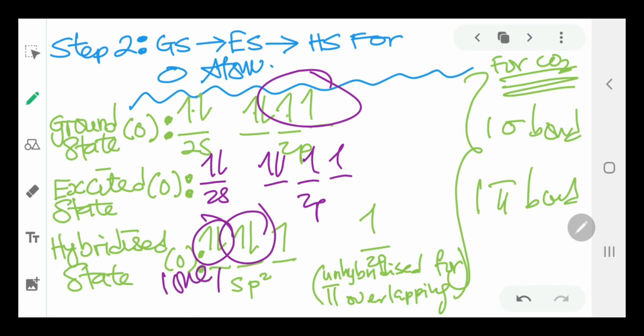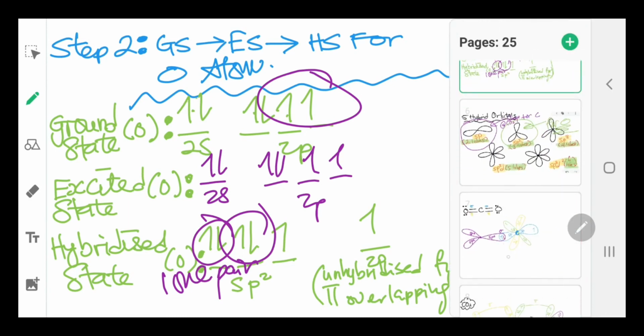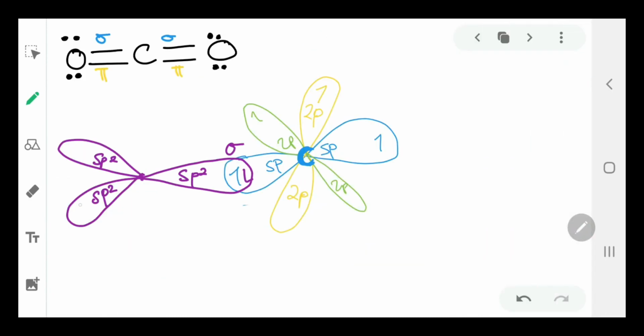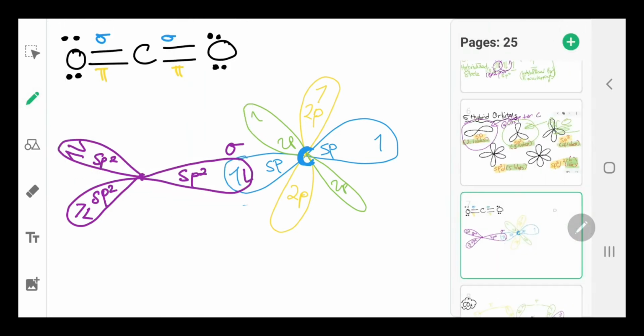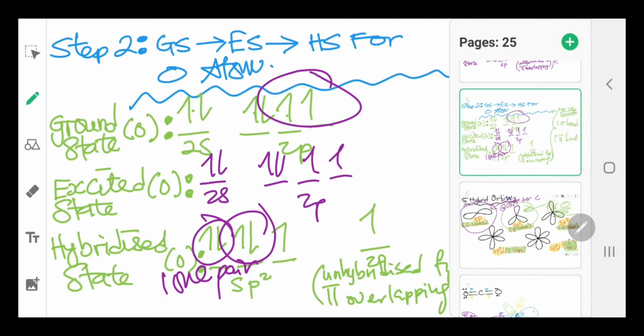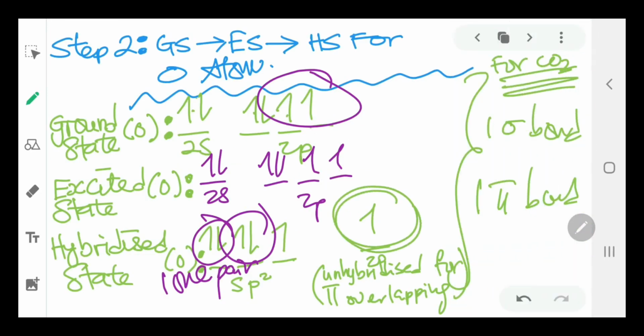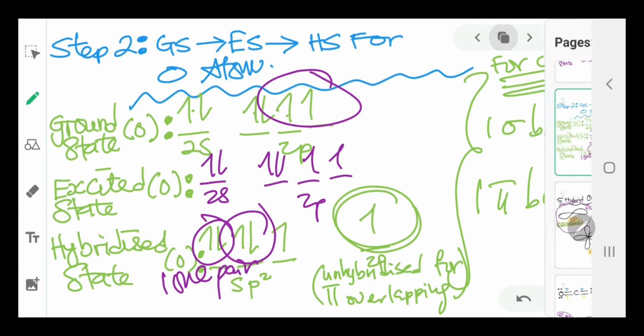So those are the lone pair. Okay, so you're gonna put the first lone pair and the second lone pair. Okay, and you have this one for pi overlapping.